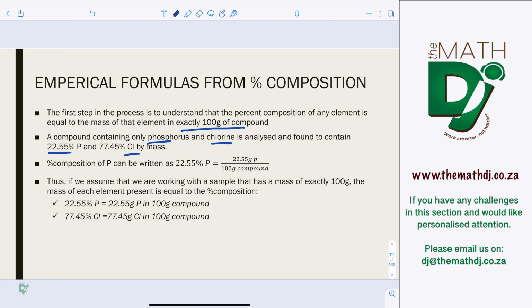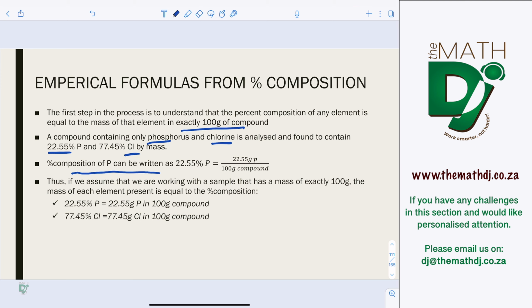So basically the percentage composition is written as follows. So you say 22.55% phosphorus in this compound.